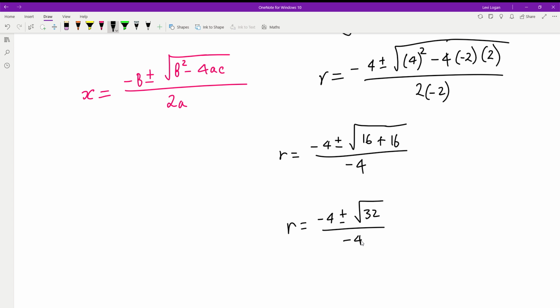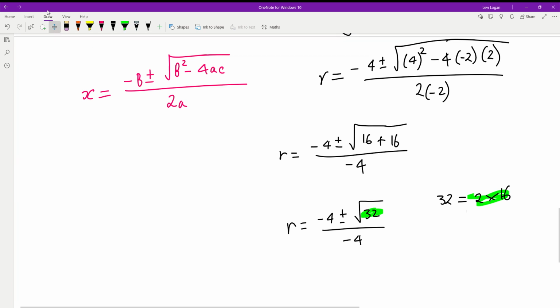Okay, so now we've got to simplify this square root. If we think about it a bit, 32 is the same as, and this is where the old maths comes in, 2 times 16, and 16 is a square number. So if we wanted to, we could rewrite the square root like that.